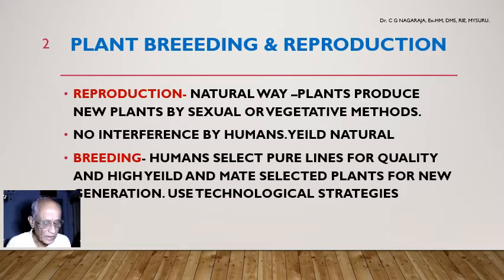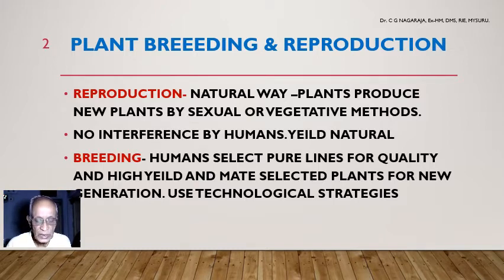That means selectively selected plants are mated sexually or by any other method, we'll be knowing that, and they produce a good variety of a plant, and that is called a breed. So breed refers to crossing pure lines and then allowing them to reproduce over several generations, and the progeny is selected, and that progeny will have desired qualities and also be high yielding.